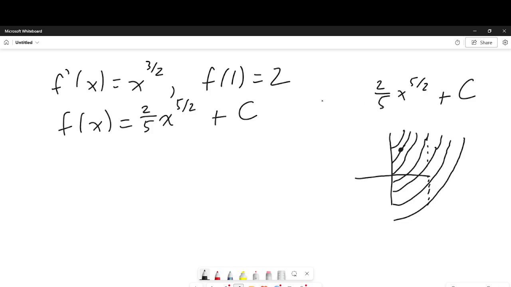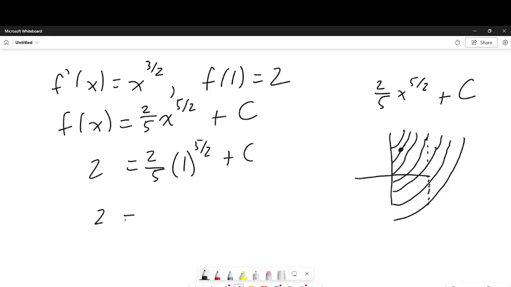So how do we find the c? Well, it's kind of like what we do sometimes with finding the slope-intercept form. We plug in the numbers that we have. So f of 1 is 2. So when x is 1, 2/5 times 1 to the 5/2 plus c, we get 2. We kind of nailed down the x and the y temporarily to find the c. So x and y change, but the c doesn't.